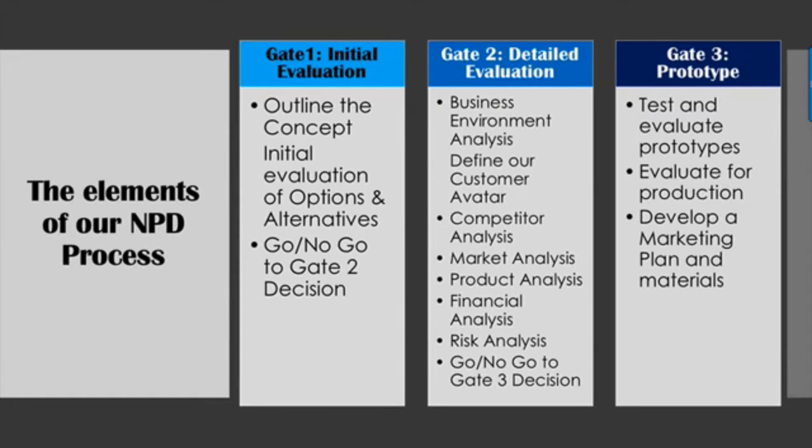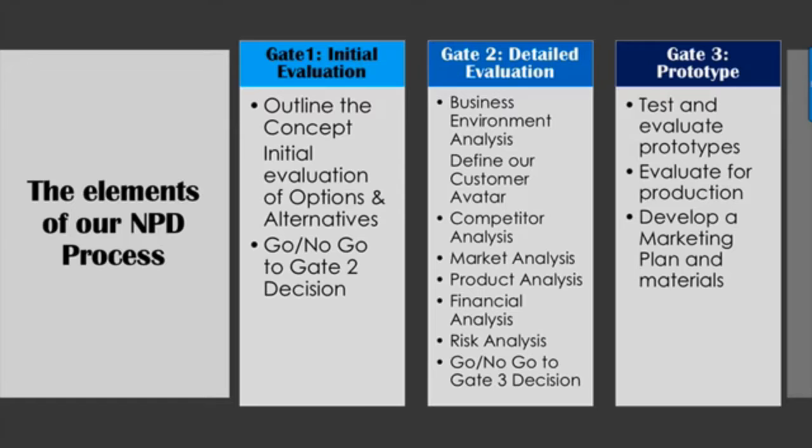The next gate you've got to move through is the prototype gate. Basically we're saying, get the concept right. If that concept makes sense and everybody's happy with it, then let's go and build a prototype, or a test batch, or whatever it is we're building. So test and evaluate the prototypes. We want to get some feedback from potential customers on our prototype, evaluate that and make whatever changes we like.